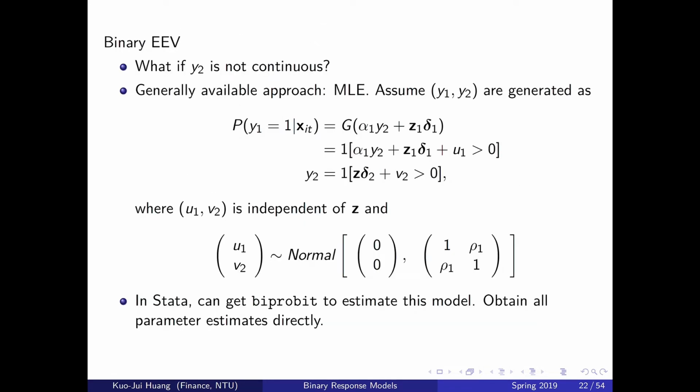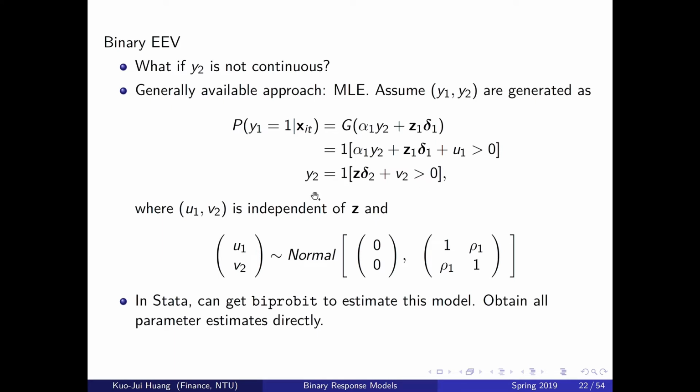What if the endogenous variable is not continuous? Well, for this case, we have a model like this. Y2 is our endogenous variable we want to deal with. Z1 is all exogenous variables in the model. And U1 is the error term. For this case, Y2 can also be written as an indicator function of Z delta 2 plus V2. V2 is the error term in the endogenous variable function.